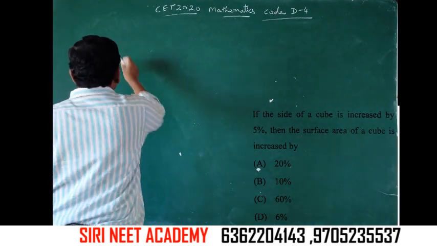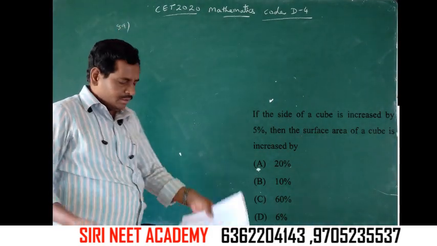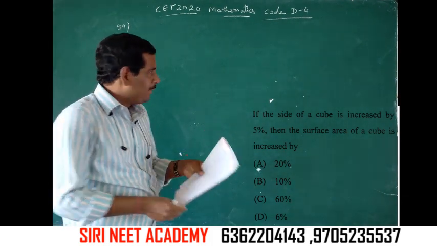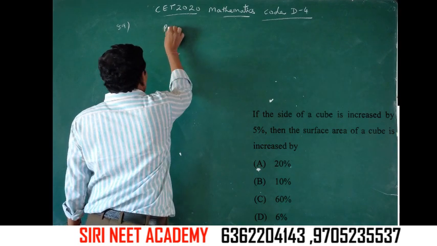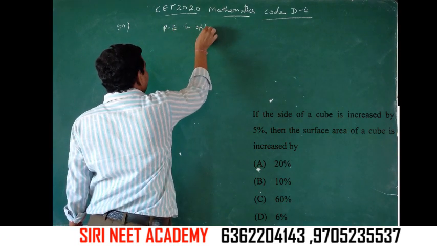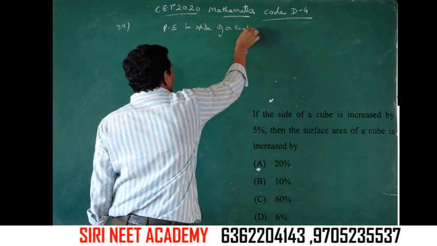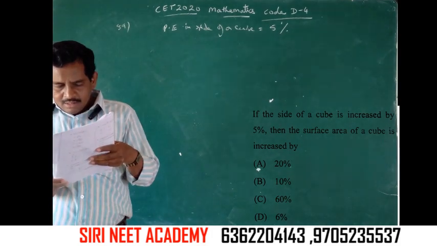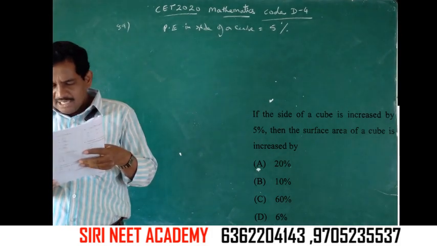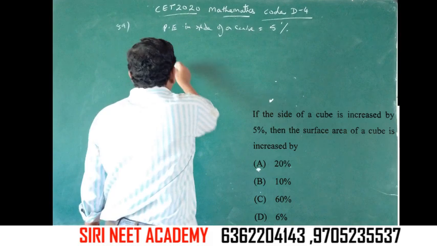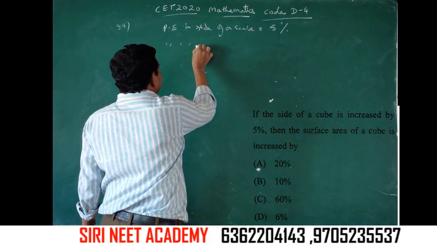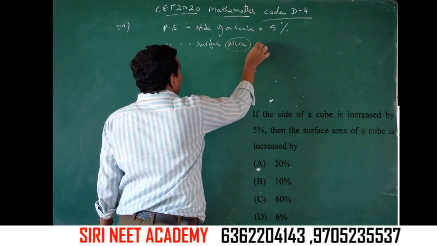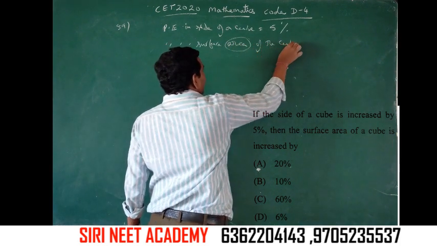59. If the side of a cube is increased by 5%, the percentage error in the side of the cube is 5%. Then the surface area of the cube increased by, the percentage error in the surface area of the cube.